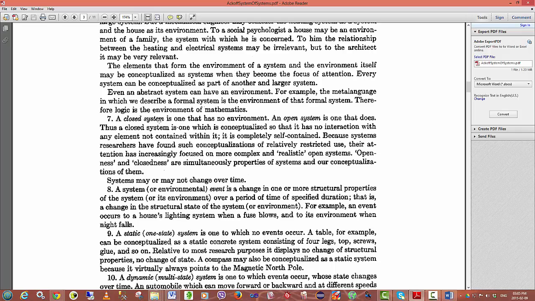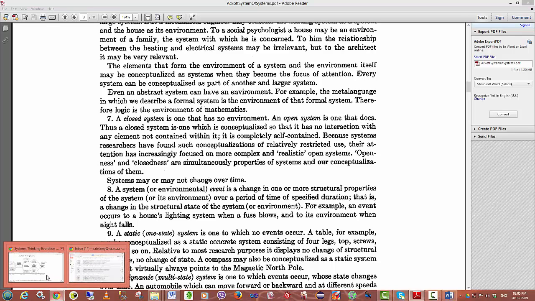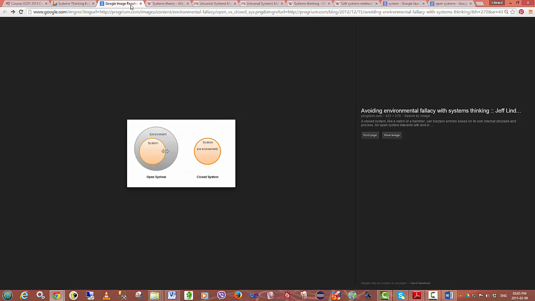Ackoff then goes on to define the notion of a closed and an open system. A closed system is one that has no environment, while an open system is one that does. And we can have a quick look here at that.